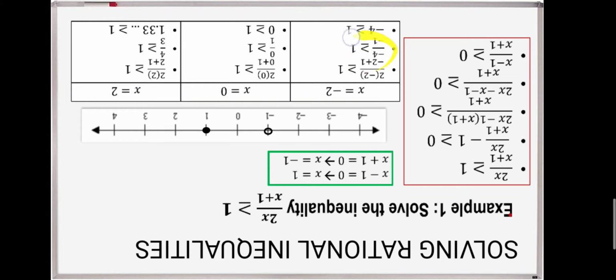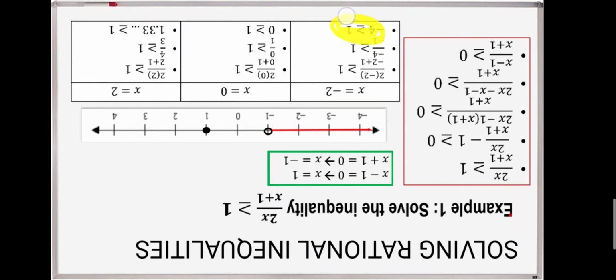So negative 4 divided by negative 1 is positive 4. Okay, it should be positive 4. So positive 4 is greater than or equal to 1. That is true.